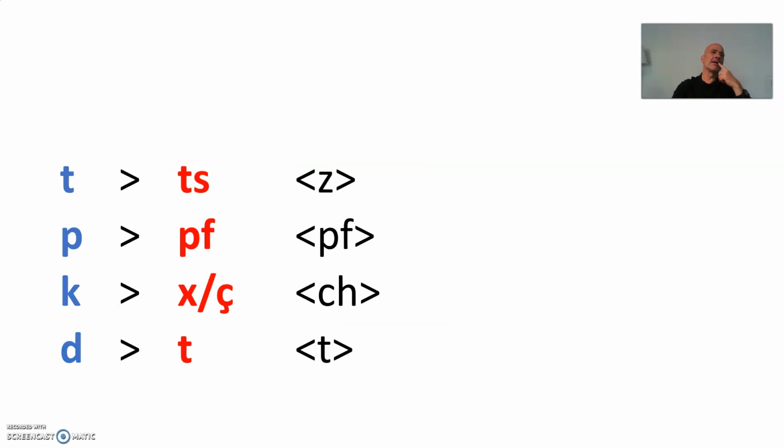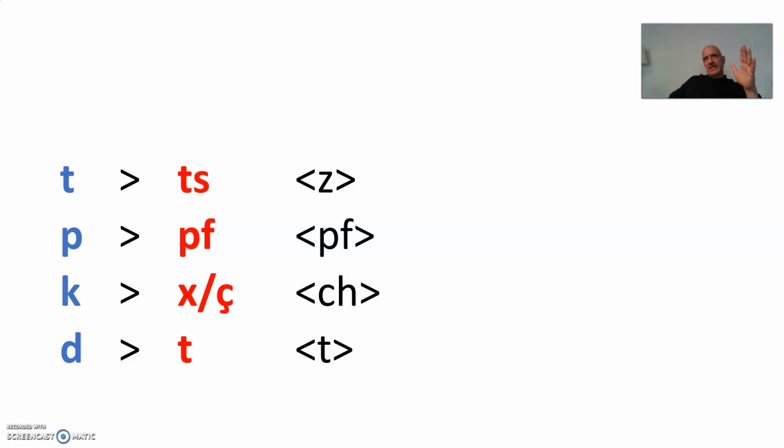Let's go back and ask once again: why did this occur in the first place? We have to find solutions. I said before that most sound changes are due to simplification, because people are lazy and they tend to simplify the articulation, which means tongue movement, lip movement, and so on.